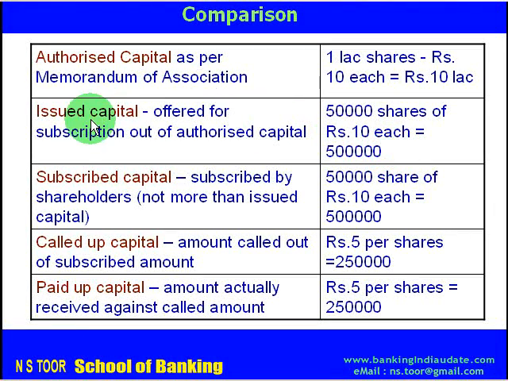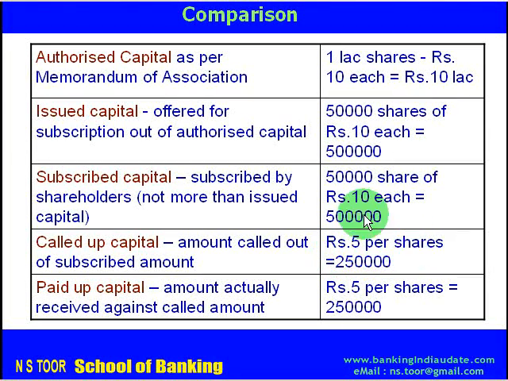Against this issued capital, the amount actually subscribed by the shareholders becomes subscribed capital, and this cannot be more than issued capital. So here 50,000 shares of rupees 10 each comes to 5 lakh, in case all the shares have been subscribed by the shareholders. Called up capital is the amount called out of the subscribed amount. Let us assume rupees 5 per share has been called.